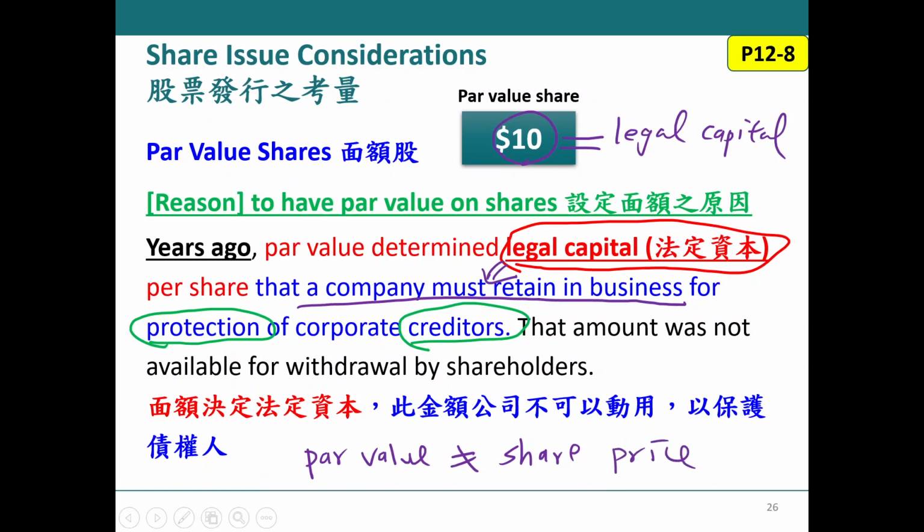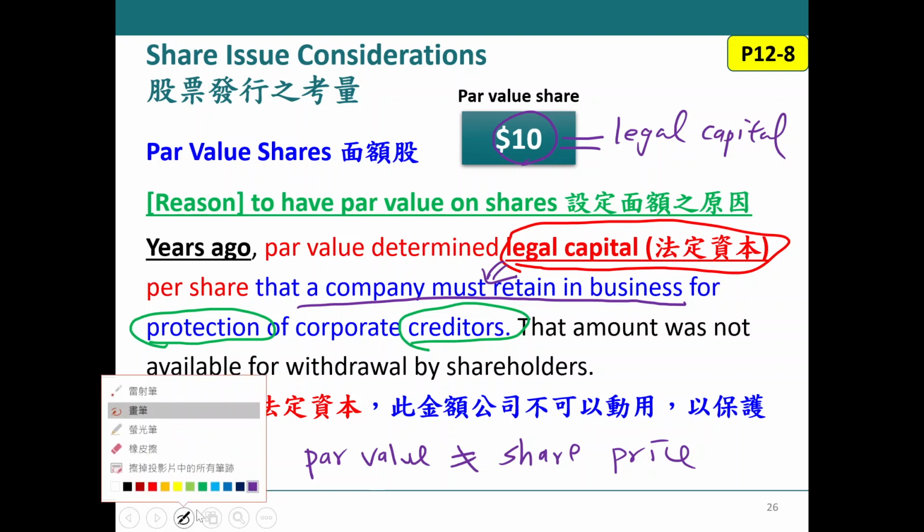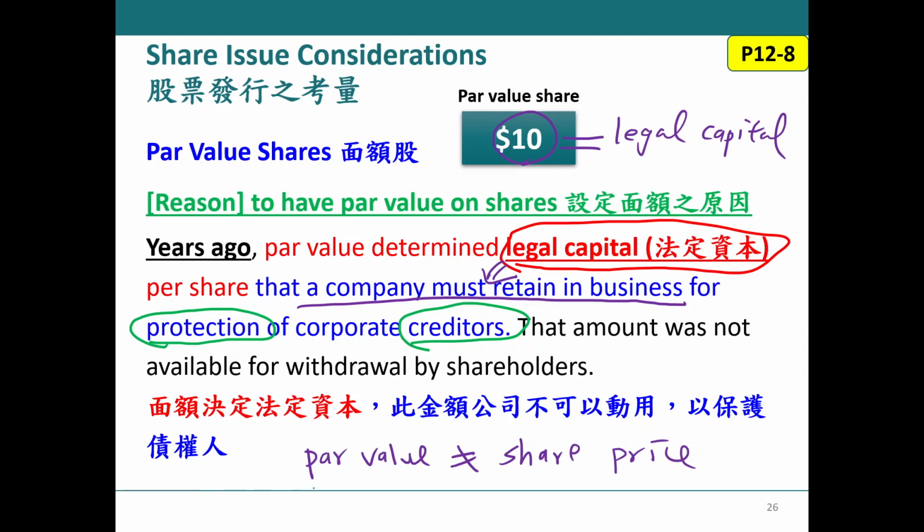So what does par value mean? Par value only means the number on the share. What's the share price? When you issue and sell the shares to investors, the cash you get from shareholders, right? So it's not the same.